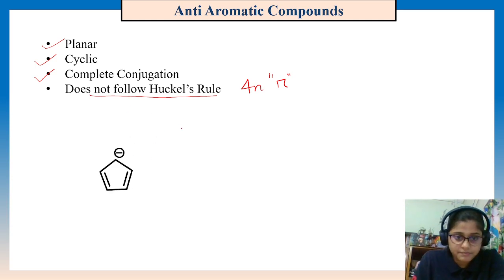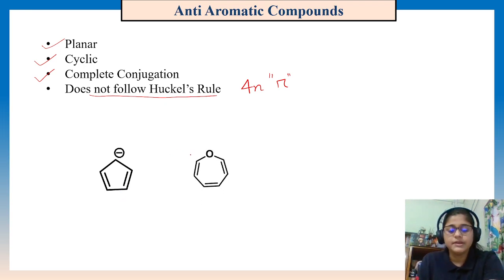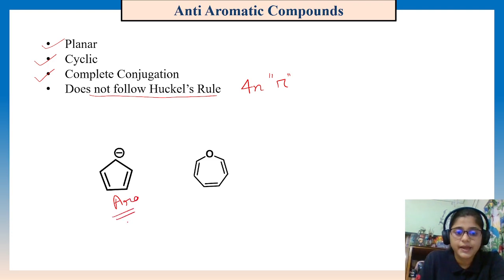So this one is aromatic, right? We have actually done this. Okay, let's come to this. Here 1, 2, 3, 4, 5, 6. But oxygen has a lone pair, right?